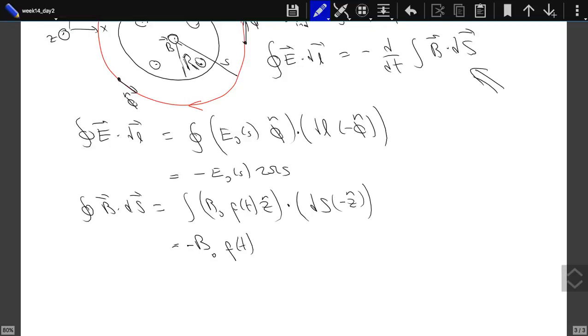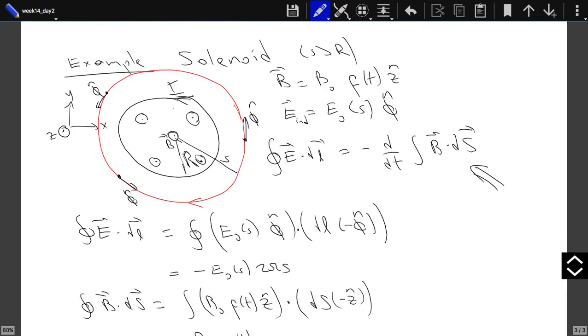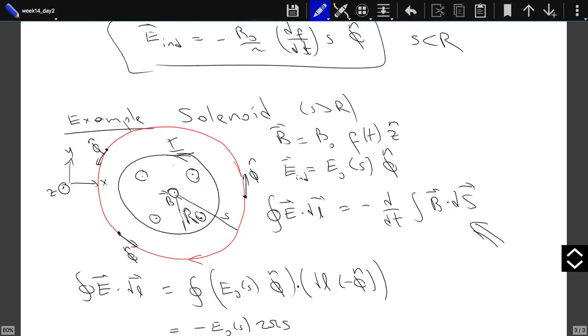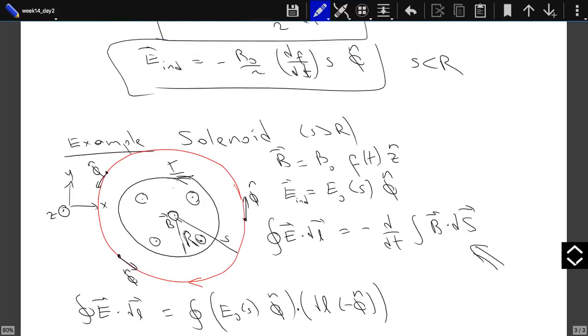You see, there is one thing we have to pay attention to in this case. I said that B0 is constant in my loop, but that is not correct. You see, this is my loop. My magnetic field is 0 here, and B0 times F over here. So B0 times F depends on which patch I am considering.